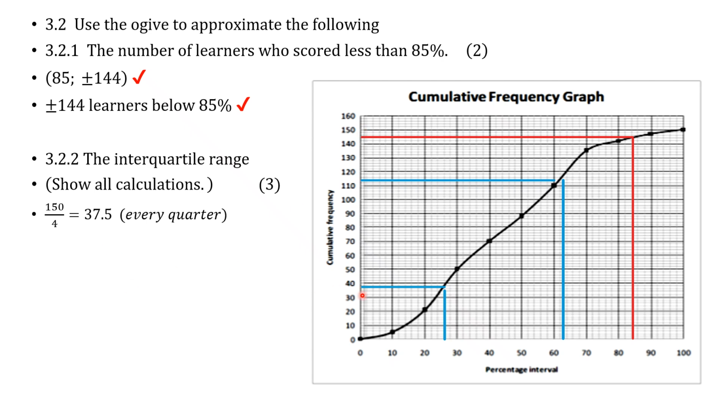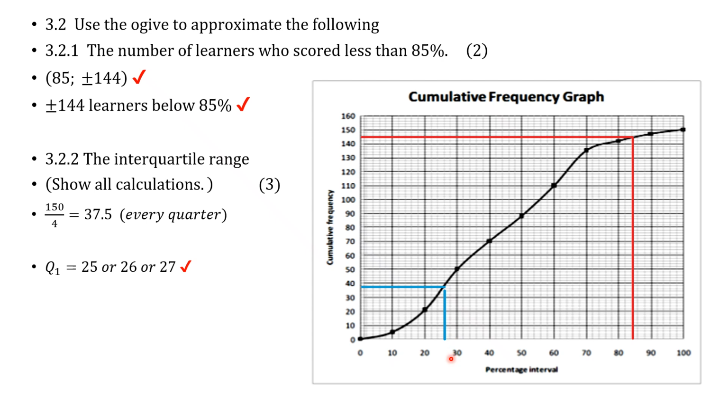So if I go to 37,5, I'm going to draw a line across till I make contact with the graph and then come down. Here by 112,5, where quartile 3 is, I'm going to draw a line across, make contact with the graph, and then go down. Right? So if we do quartile 1, there's 37,5, not drawn to scale, more or less.